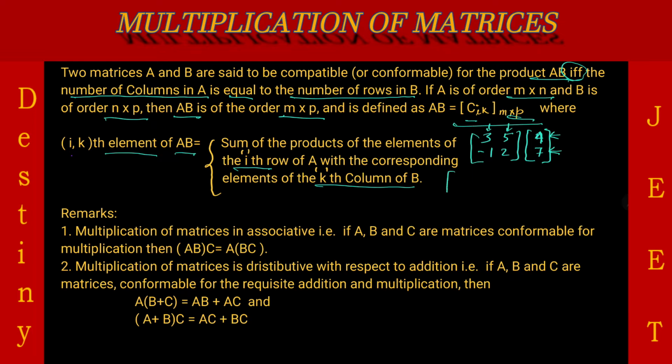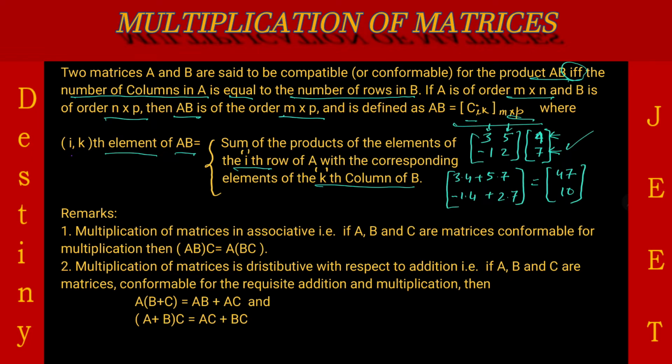First we'll take 3 into 4, then plus 5 into 7. Next we come to this row, where it is minus 1 into 4 plus 2 into 7. Ultimately we get 47, 10, and this is the answer we get for this product.